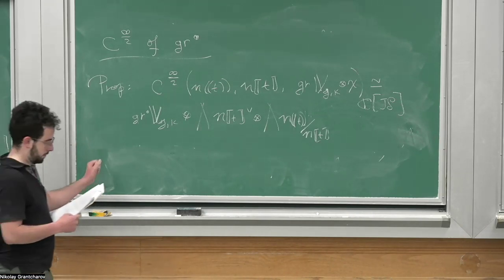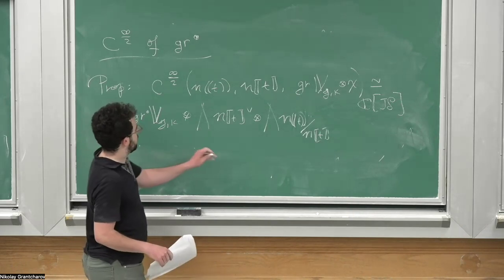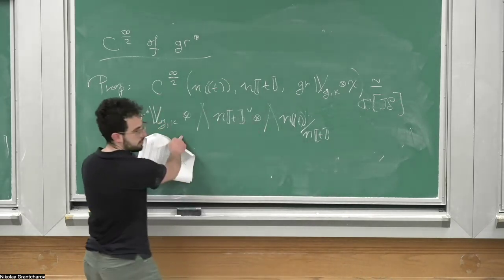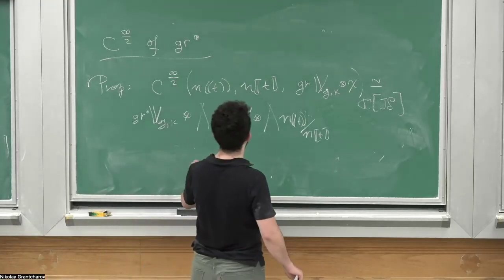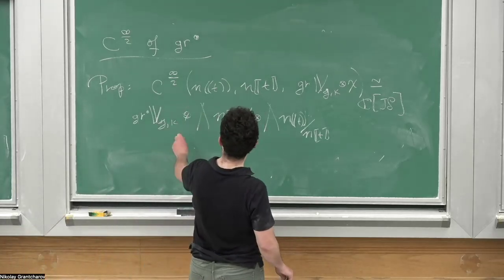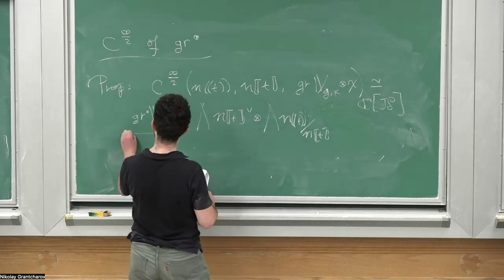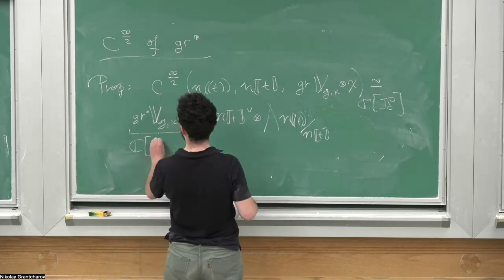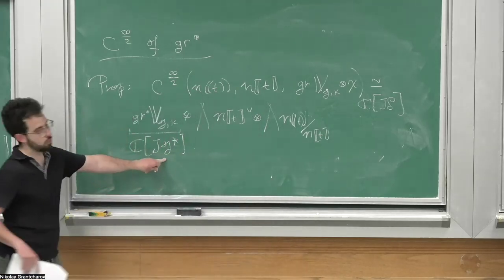I guess we start with the homological direction. So we start with this component. This one is just functions on the jet space of the dual Lie algebra.